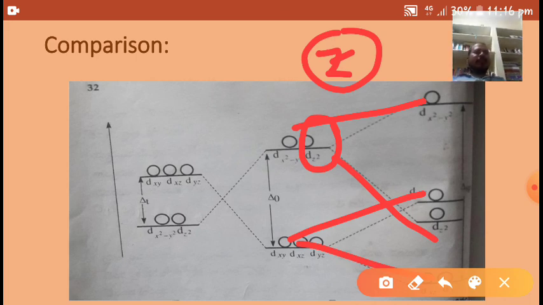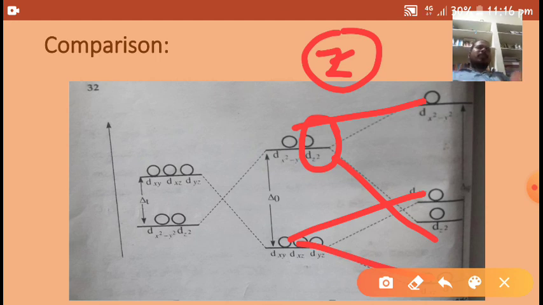So until now, in this video, particularly part 2 of crystal field theory, we have discussed d orbital splitting in tetrahedral complexes and d orbital splitting in square planar complexes.